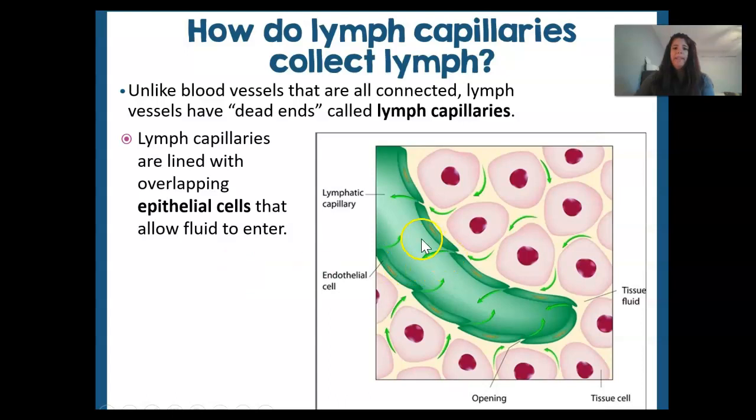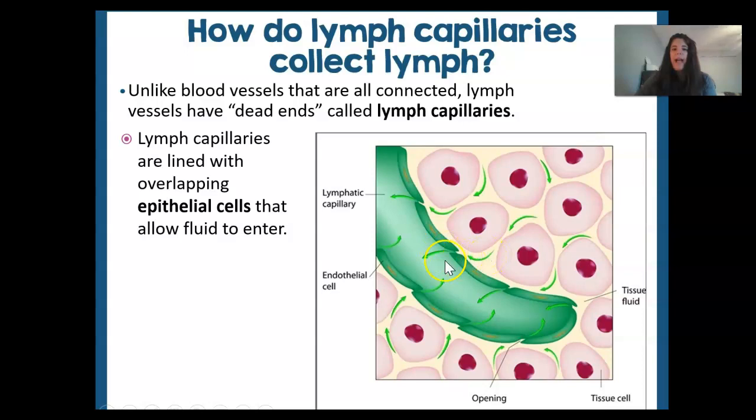These lymph capillaries are one cell thick and are lined with overlapping epithelial cells. You can see right here, this cell is overlapping this cell, and so there are these little gaps or flaps that form.